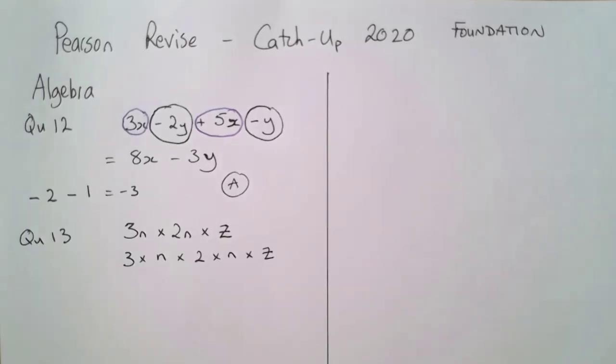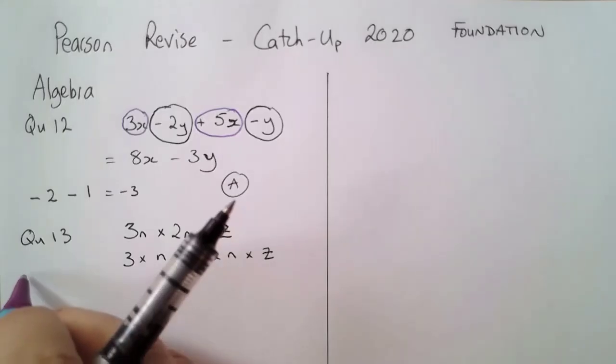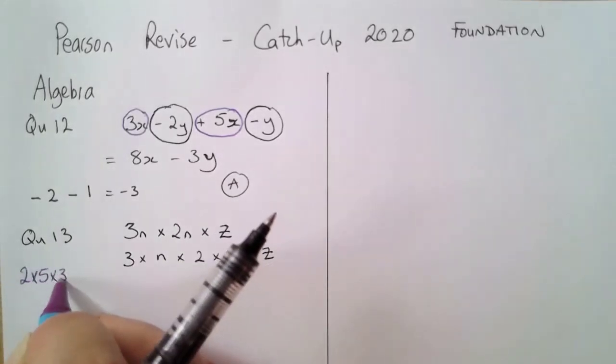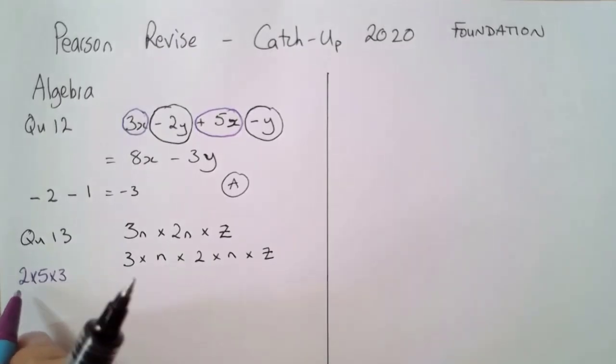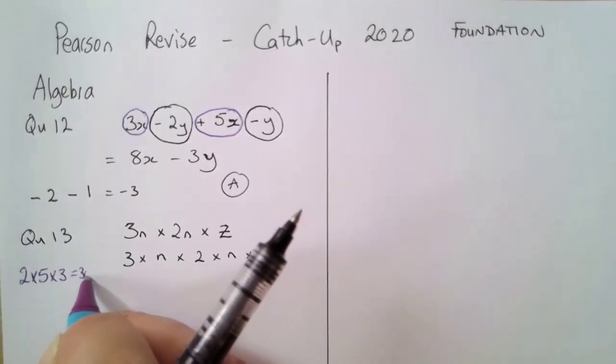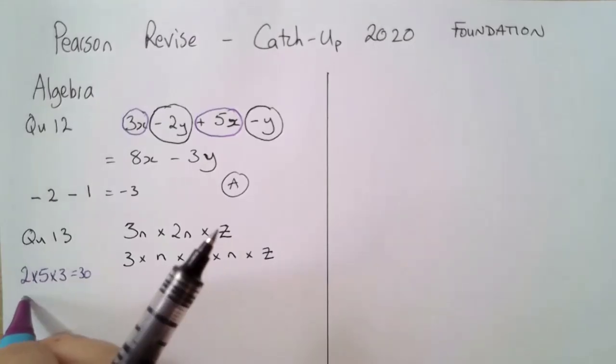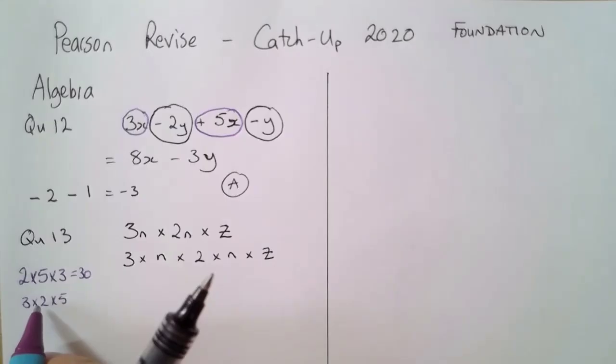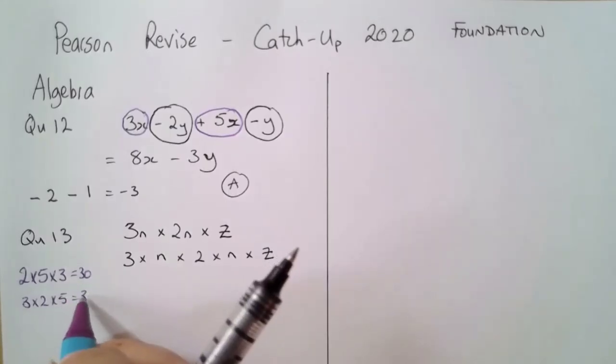Now, we can rearrange this. If we had 2 multiplied by 5 multiplied by 3, for instance, the answer is going to be 30. If we rearrange this, 3 multiplied by 2 multiplied by 5, 6 times 5 is still 30.